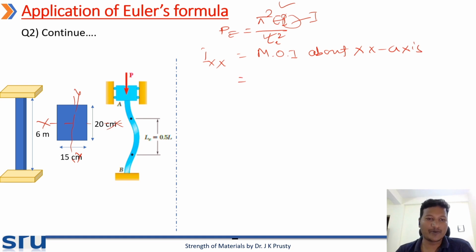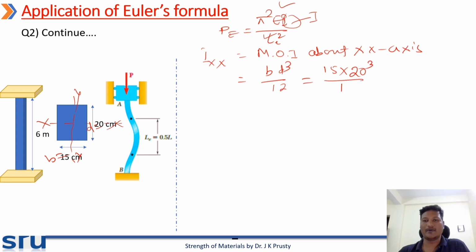Suppose your B is 15 centimeter, your D is 20 centimeter. The formula for the moment of inertia for the rectangular section is B D cubed by 12. So here B is 15 into D is 20 cubed divided by 12.